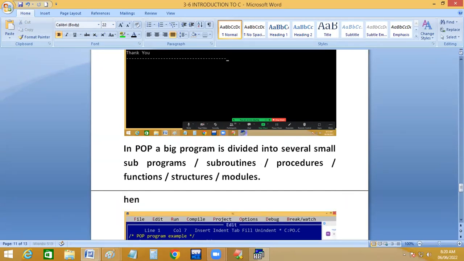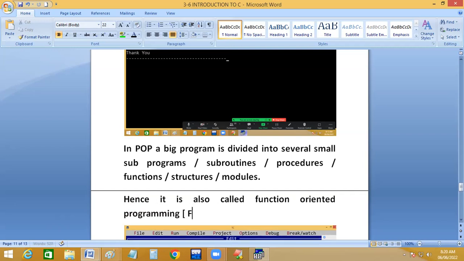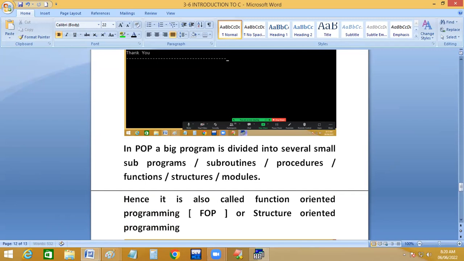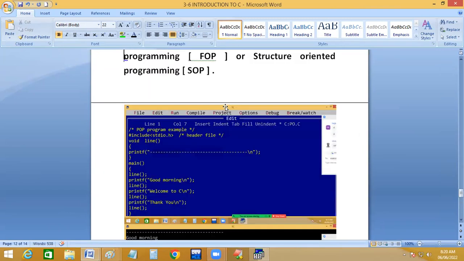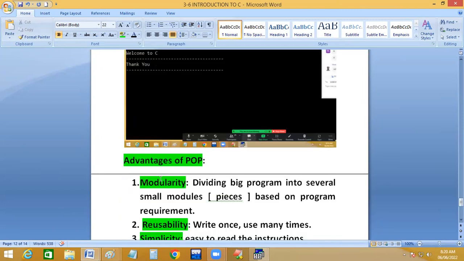Hence, it is also called function oriented programming, which is called FOP, or structure oriented programming, nothing but SOP. Okay, next. It is the example. These are the advantages.